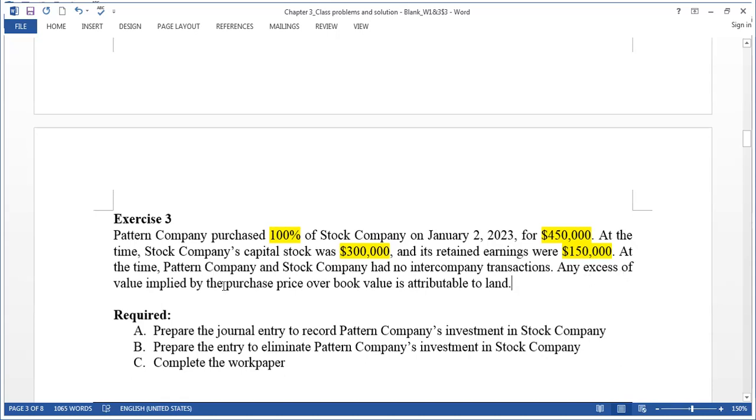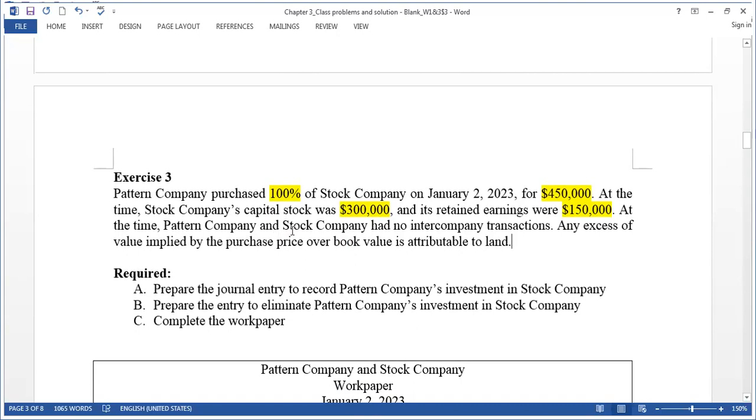And at the time, the parent company and the subsidiary company had no intercompany transactions. So in this chapter we don't have any intercompany transactions. Chapter 4 we will learn whether they have any intercompany transactions or not.